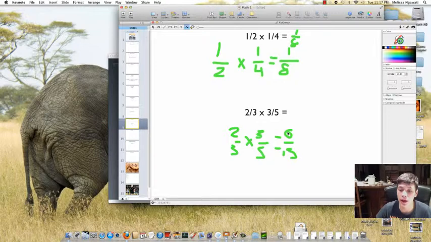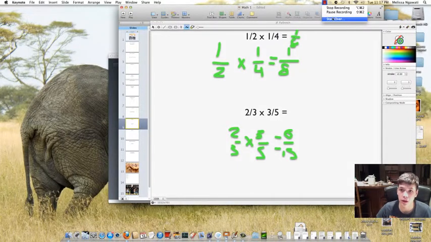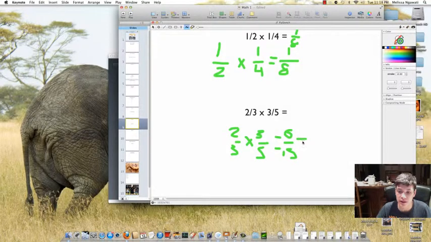We can simplify it by dividing by 3. What you do to the top, you have to do to the bottom. So it's 2/5. And that's your answer.